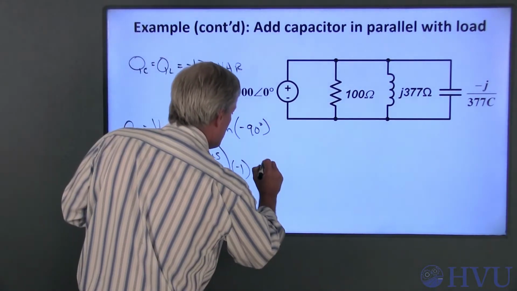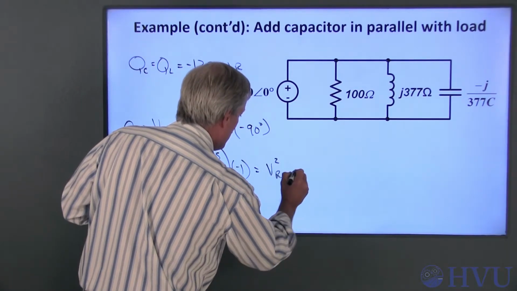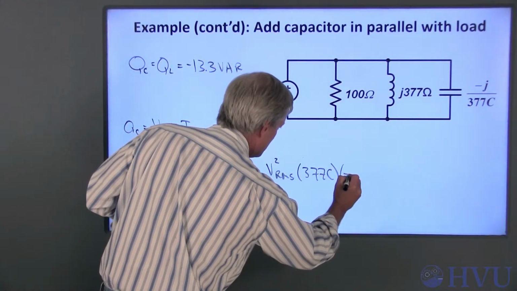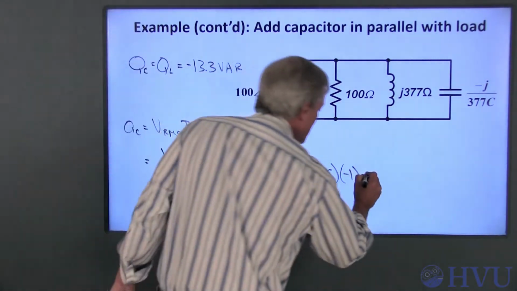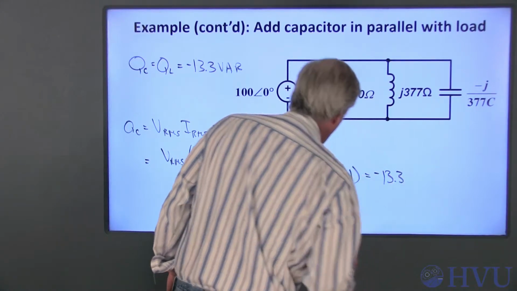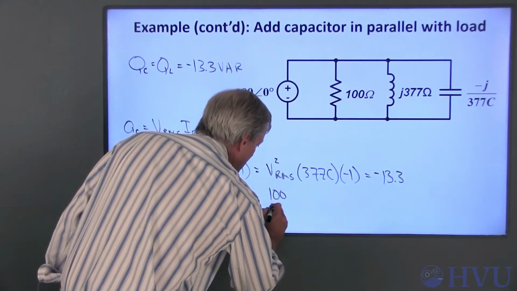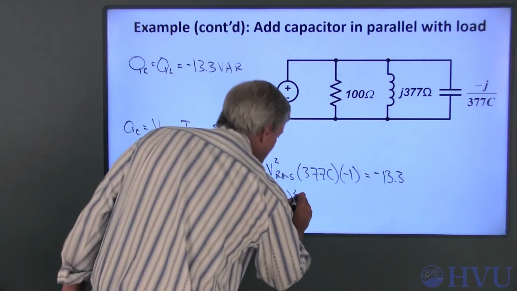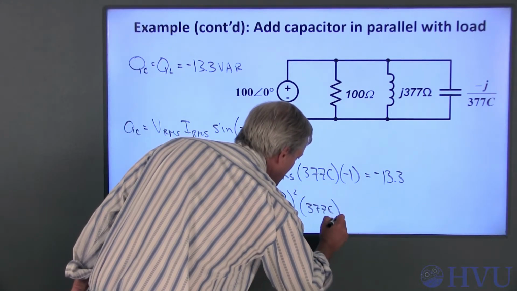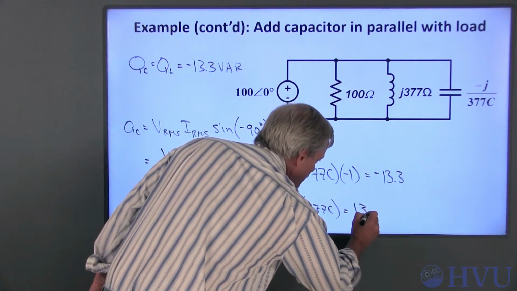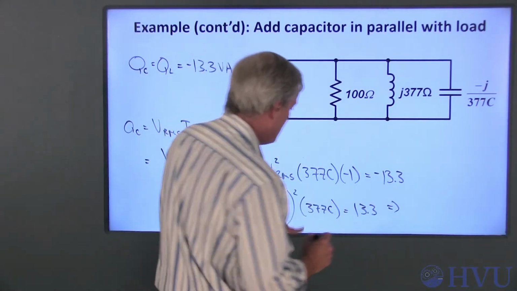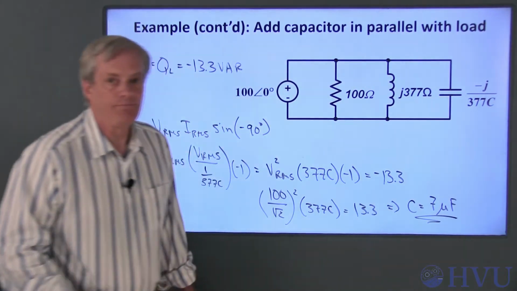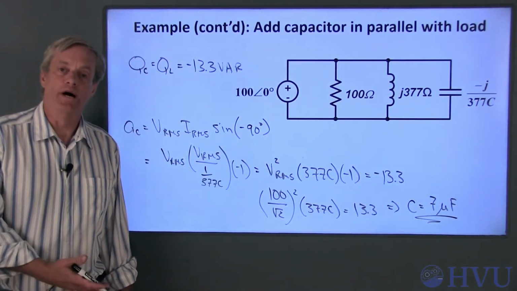So this becomes V RMS squared times 377C times negative 1 is negative 13.3 VAR. V RMS is 100 over root 2, the voltage level divided by root 2, so (100 over root 2) squared times 377C is equal to 13.3. If I solve this for C, C is equal to 7 microfarads. That will give us a power factor of 1.